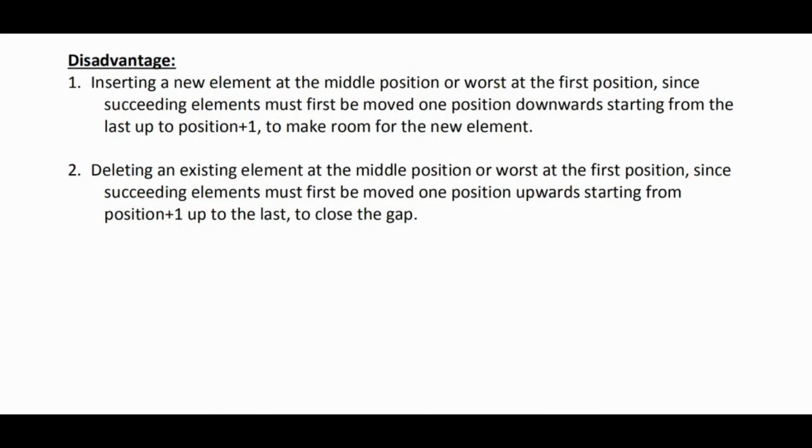Now what if you have 20 elements? Say this is your A0, A1, this is say equal to 1, 2, 3, 4, 5, 6 up to 20. This is your A19. If you're going to delete this one, you're going to move 2 up, move 3 up, move this one. All are moved, okay?